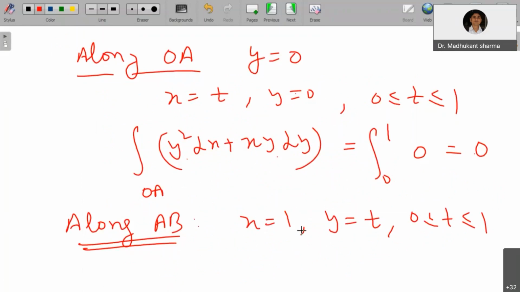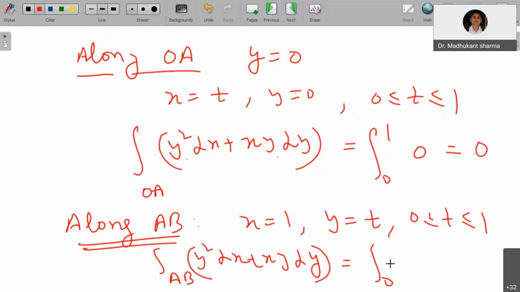So dx is 0 and dy is dt. So the integration along AB of y square dx plus x times y dy is the integration from 0 to 1. Now dx is 0, so the first term will vanish. The other is t times dt. X is 1, y is t, so it's going to be t square by 2, which is 1 by 2.